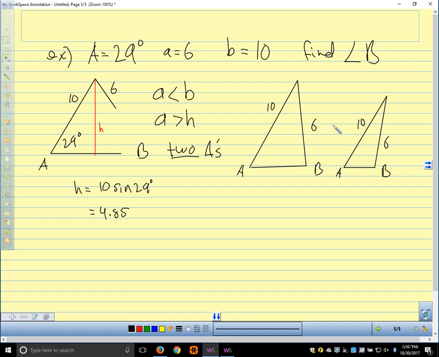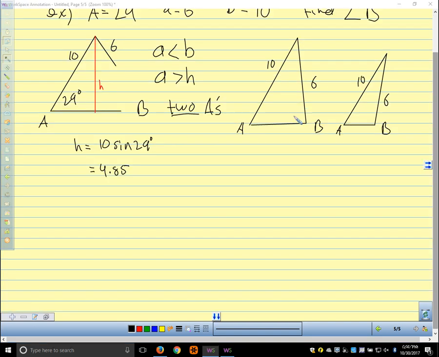All right, so from this first triangle, we would just set up the law of sines. I'm going to call this B1 and B2, 2 possible angle B's. Just like before, the sine of B1 over 10 equals sine of 29 over 6.